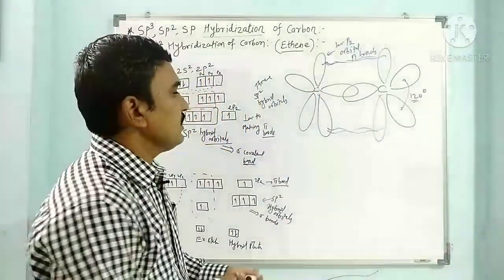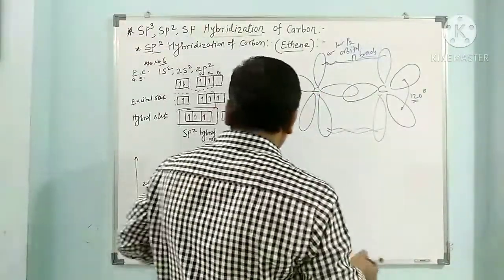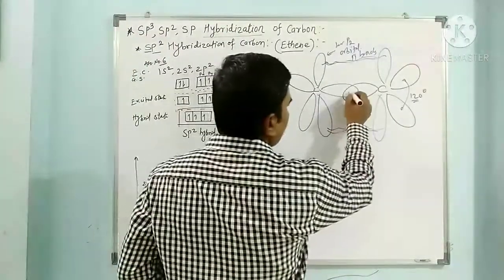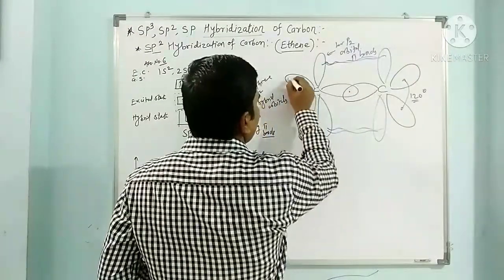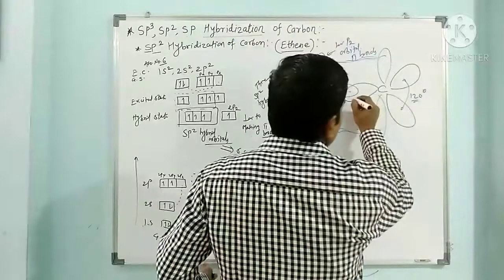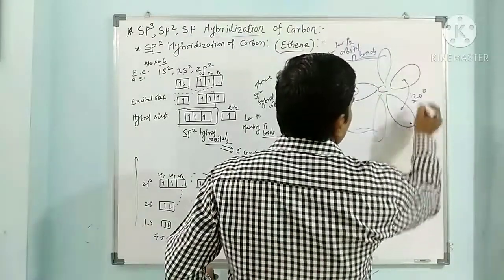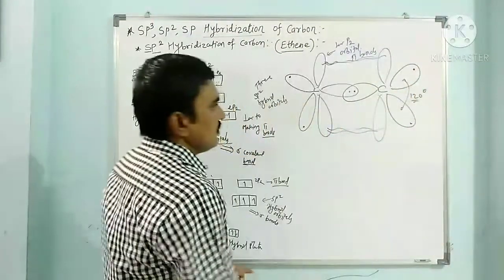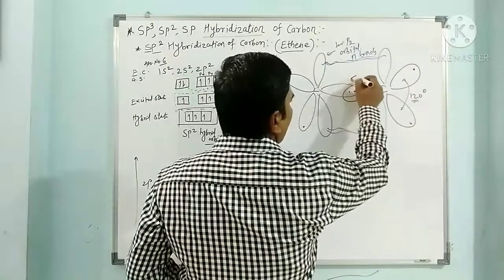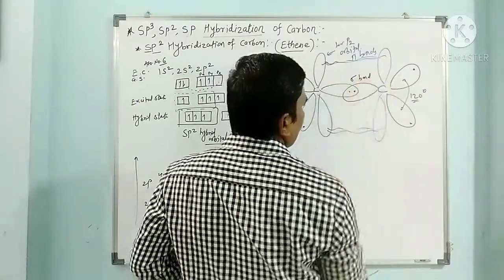Sidewise overlapping. And here there are 3 electrons: this is 1 electron, this is the second electron, this is the third electron, and likewise on the other carbon. Now it forms a sigma bond between the two carbons.